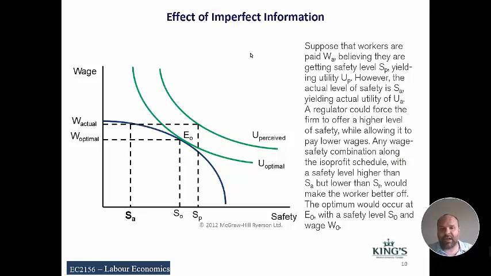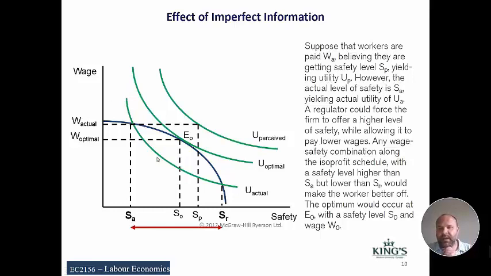So their actual utility then would be here. They're being paid this wage, but only being provided this level of safety. So this would be their real utility. And what's interesting here is if the government were to enforce a safety regulation anywhere in between SA and SR, they would actually make the worker better off.